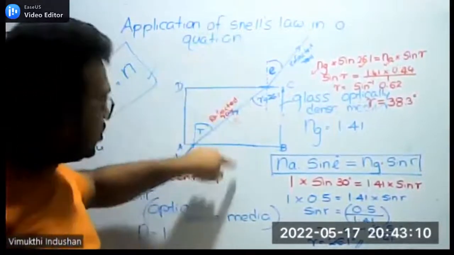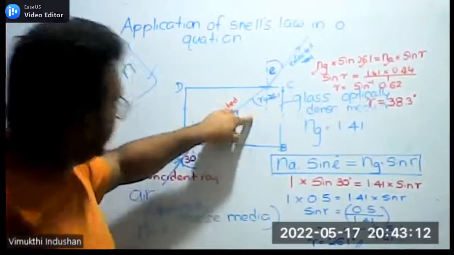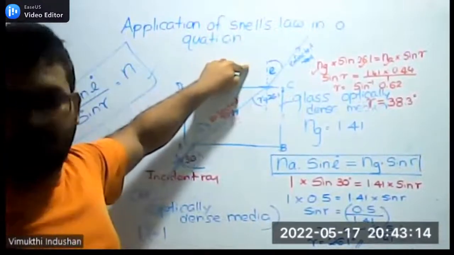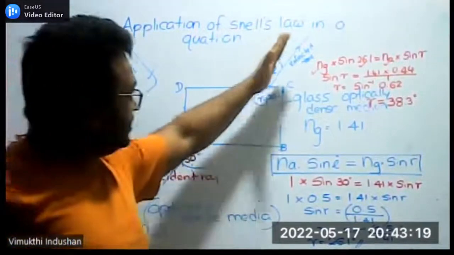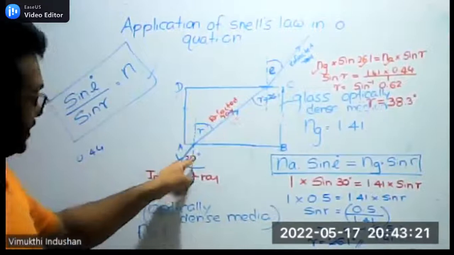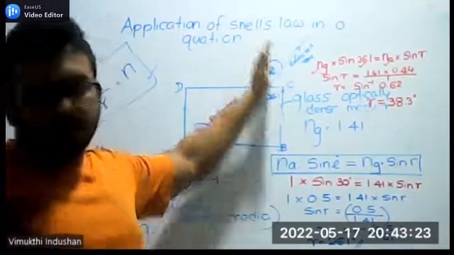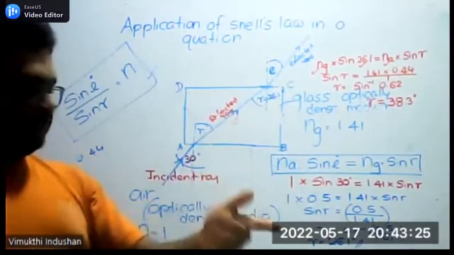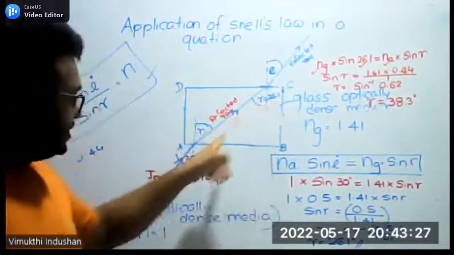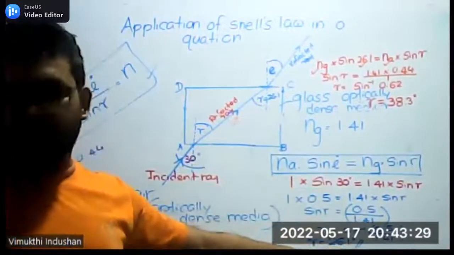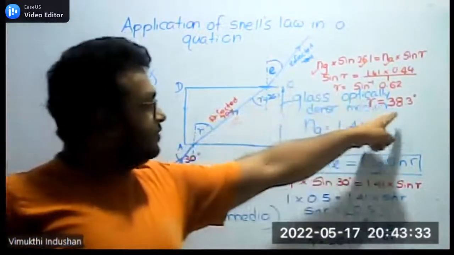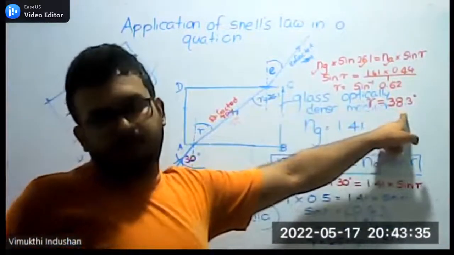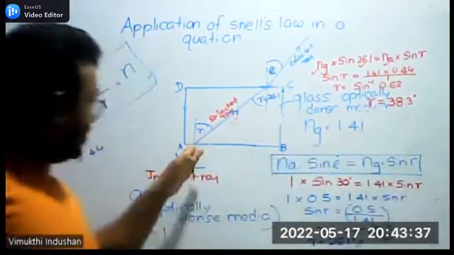It is going from air to the glass, through the glass, and entering the same medium, air. So ideally you should have the same angle of incidence here and the same angle of emission there. Due to the rounding off during our calculation, we have got a slightly different value. Actually, the ideal case is you should get the same answer.